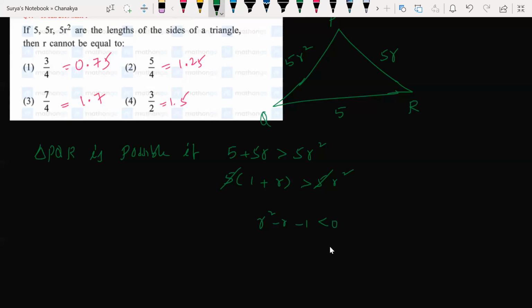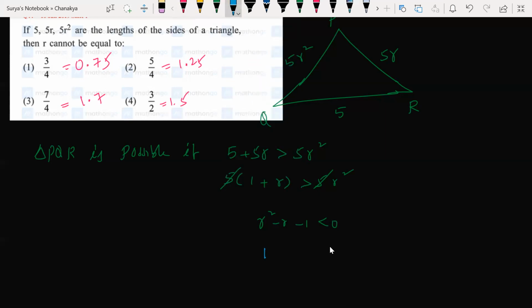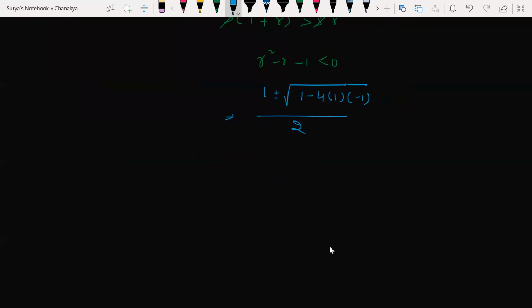Or else you just factorize this, no problem. Minus b plus or minus square root of b square minus 4ac, divided by 2. Correct? Check like this. So 1 plus or minus square root of 1 plus 5, by 2. Correct? Okay.